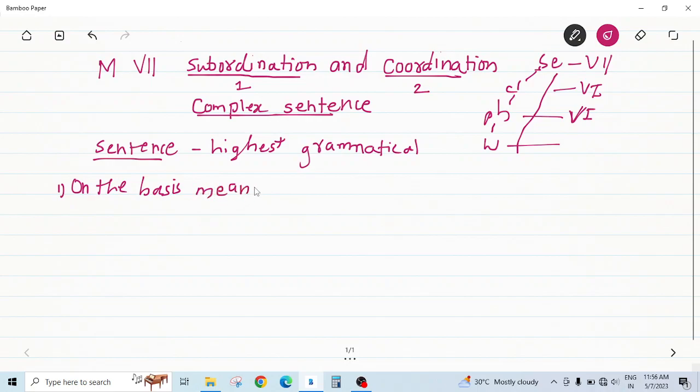So here we have a statement, then interrogative sentence, then you have imperative, and then you have exclamatory sentence.